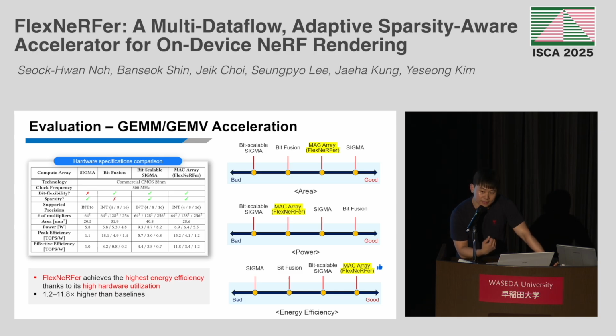The baselines include one that supports only multiple precision, one that supports flexible data flows for flexibility, and one that combines both features. Although our design consumes more power due to the extra modules for supporting both precision and sparsity, it achieves the highest energy efficiency thanks to much higher resource utilization.